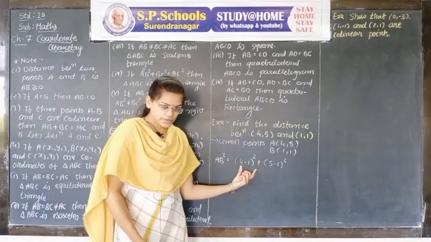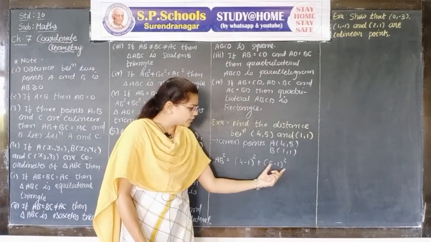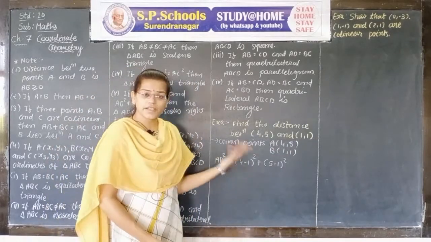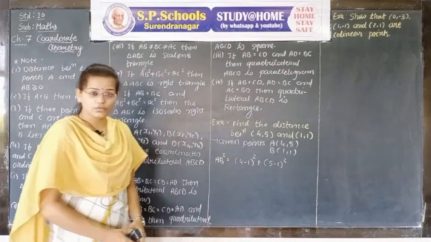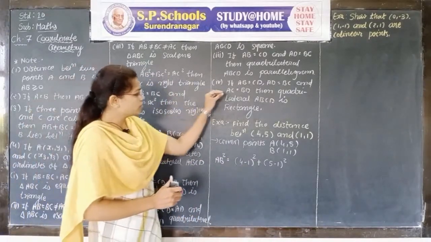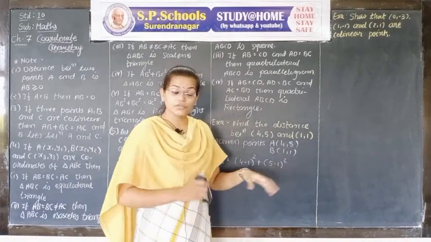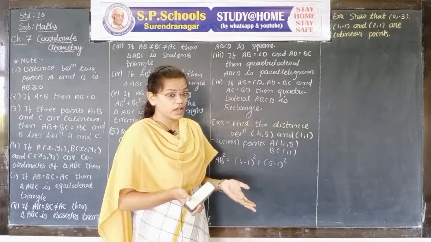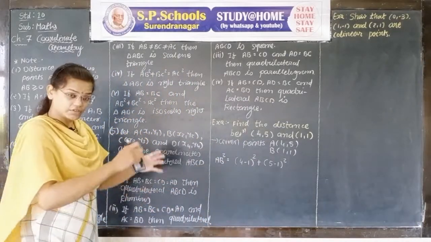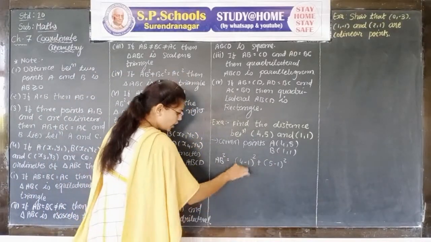Square of the difference of their x coordinates, compulsory plus square of the difference of their y coordinates. Here we don't use x1 minus x2 whole square plus y1 minus y2 whole square in each and every sum, because suppose the question says show that the points are of a rectangle, we use the distance formula 6 times. It is very cumbersome to write our distance formula each and every time, so write directly in this form. Now we solve it.